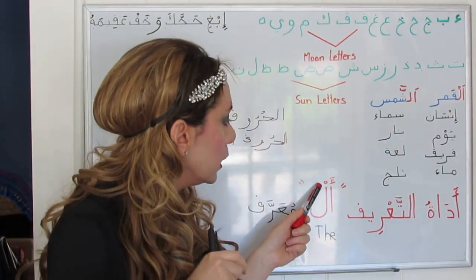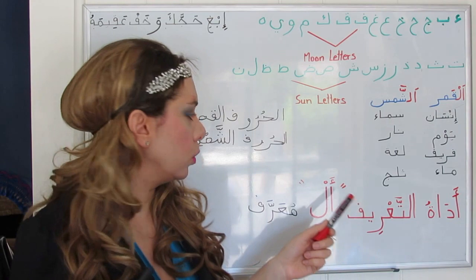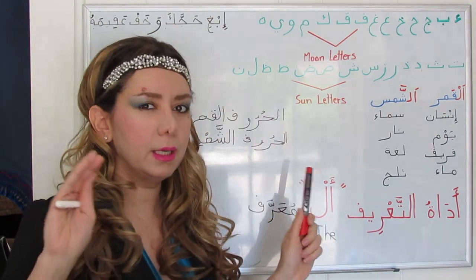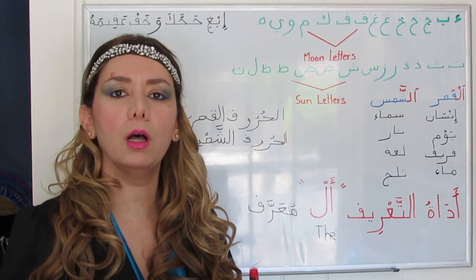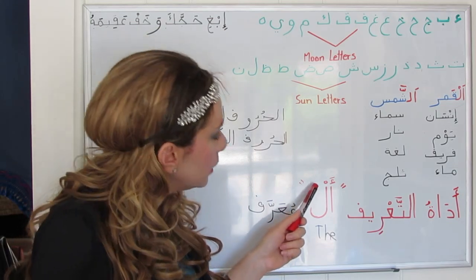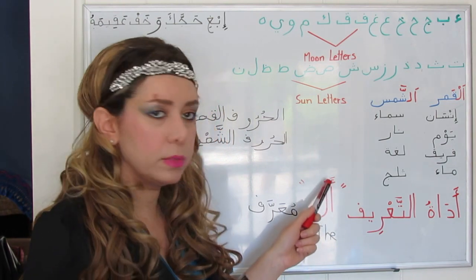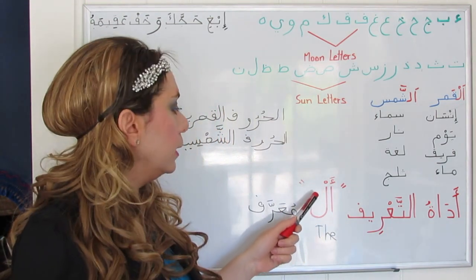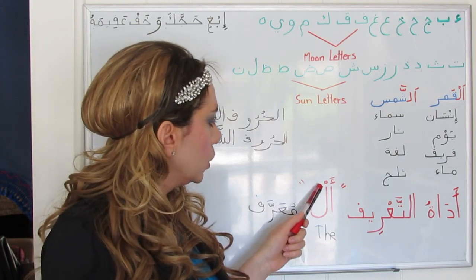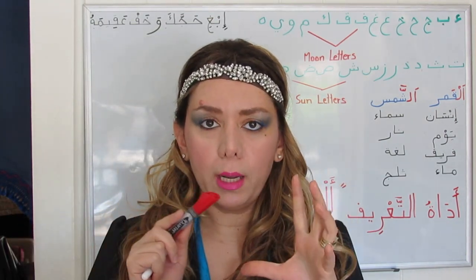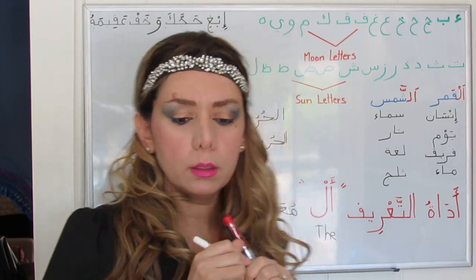The sukun here, normally we'll never see any of these signs at all. It's just for beginners to understand what's going on behind the scene. So this sukun here, so we have the glottal stop, the hamza with fatha, and lam, al. So that lam will be pronounced with sukun.